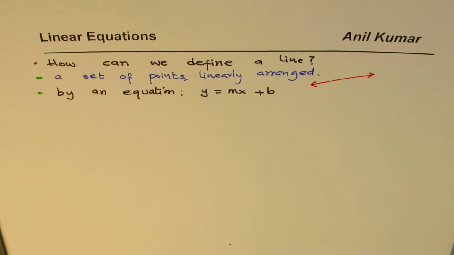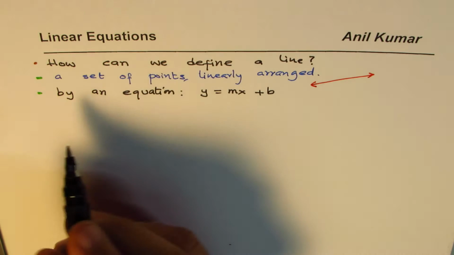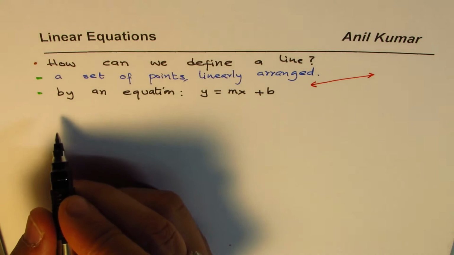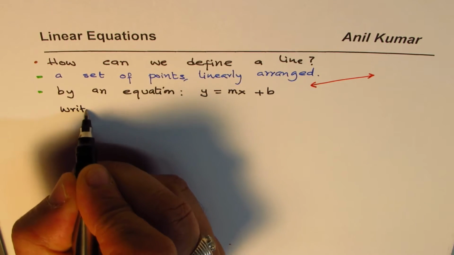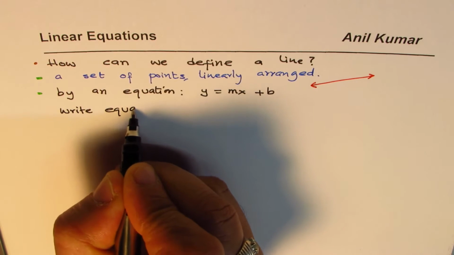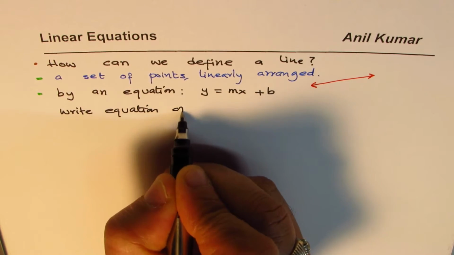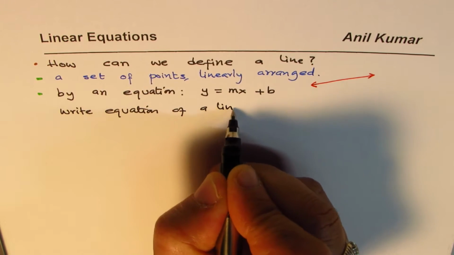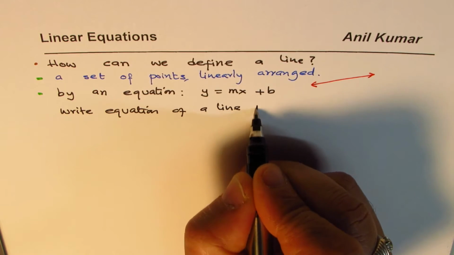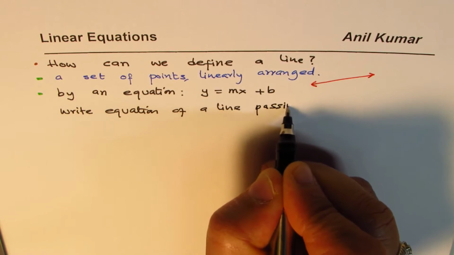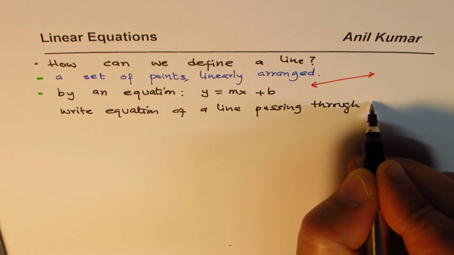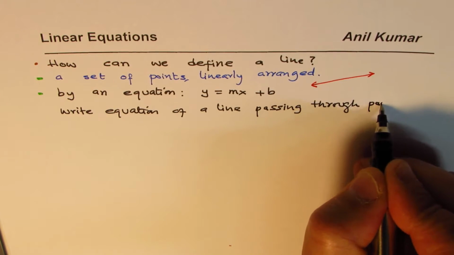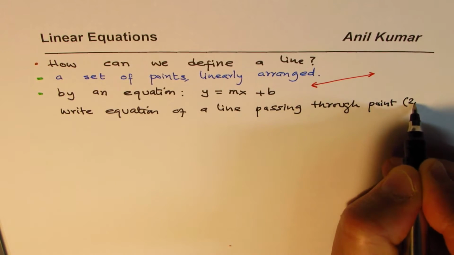Now let's get to the mathematical part of it, and we say, well, now the question is slightly more specific: write equation of a line passing through point 2, 3, let's say.